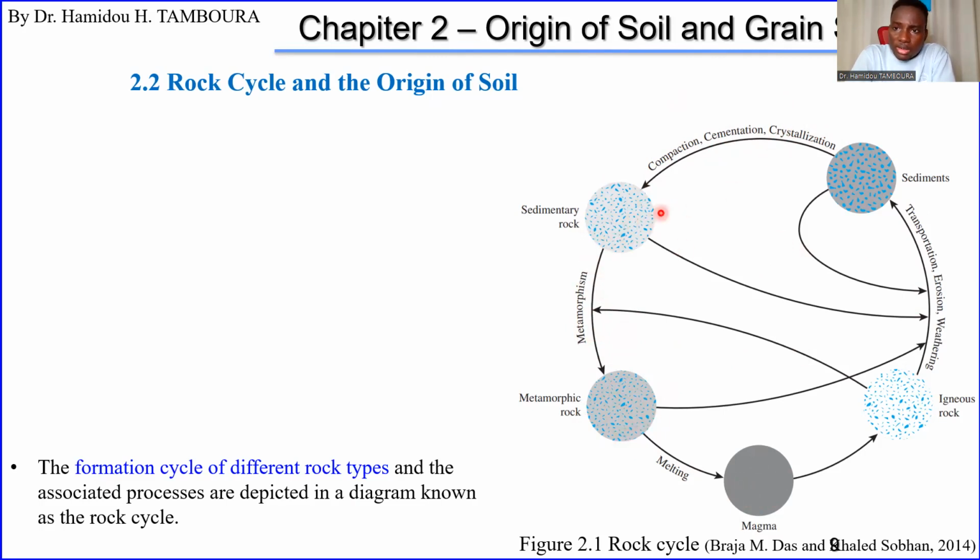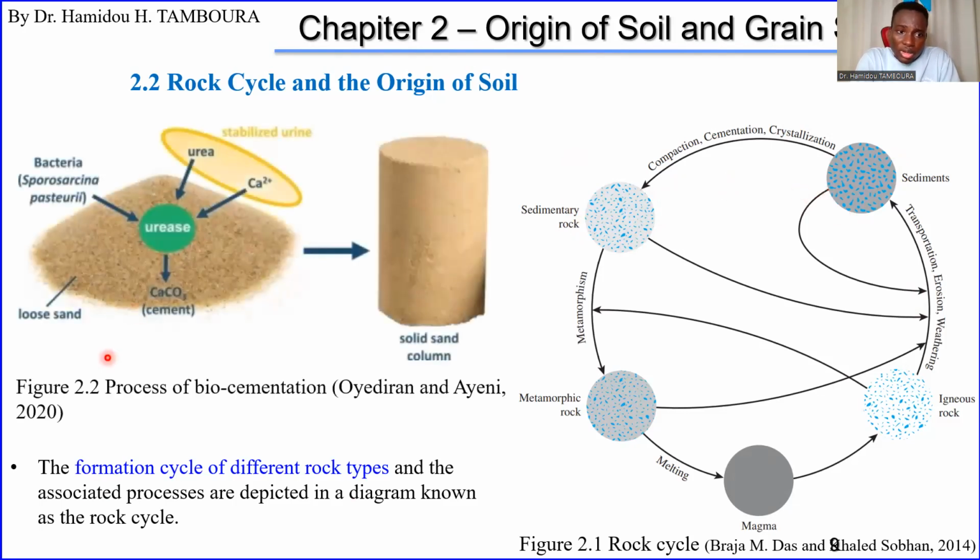And this process is actually something people are doing now in a lot of laboratories, obtaining this type of rock by using just cementation of soil, of sand, for example. Here is an example. I know one professor who is doing this at Hokkaido University.